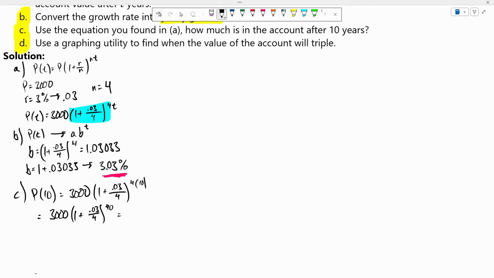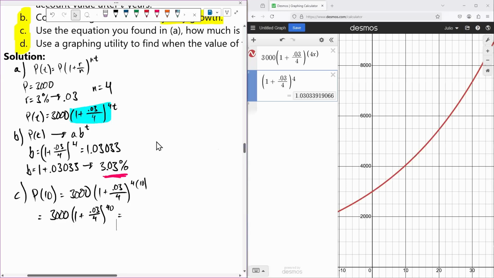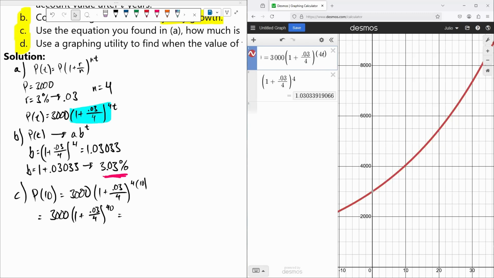Okay. Now I'm going to show you guys the graph for it. Come on. There we go. Bam. Okay. So like before, I can grab this and go P of T equals, right now it's not going to give me anything, but if I do a T, there we go. There's our graph for it.